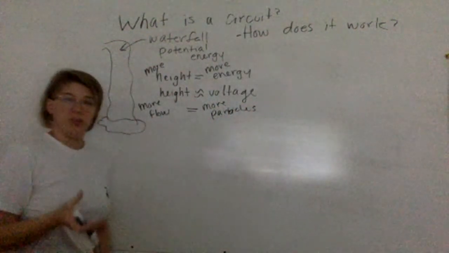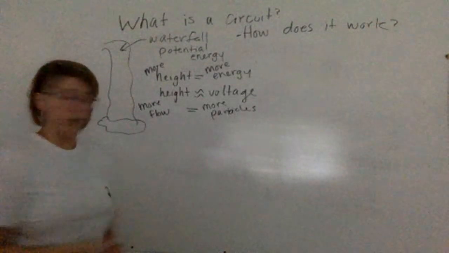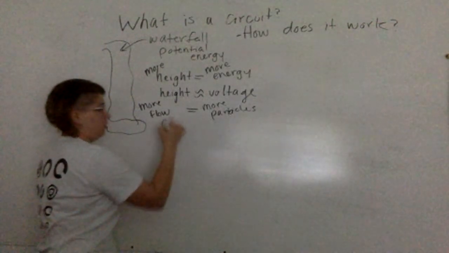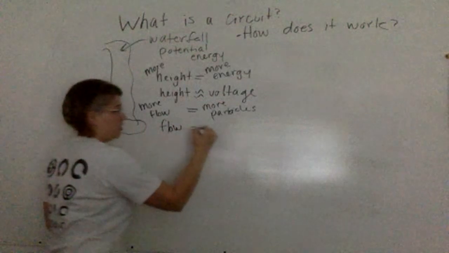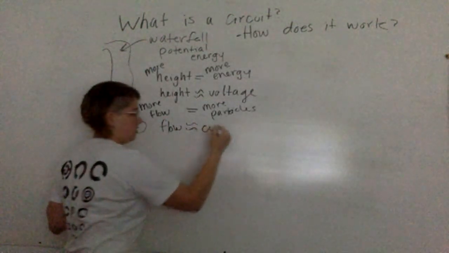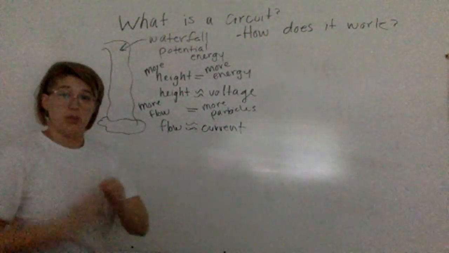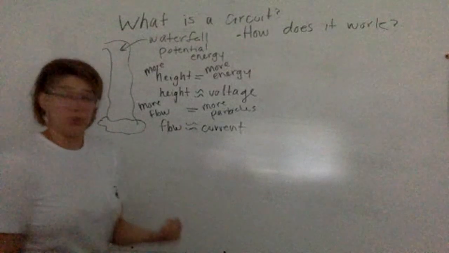The faster my water is flowing, the more individual things I have actually moving through it. And so your flow is your current. Oops, let me do the squiggles. So the more water that's flowing, the more energy is going through it also, right?